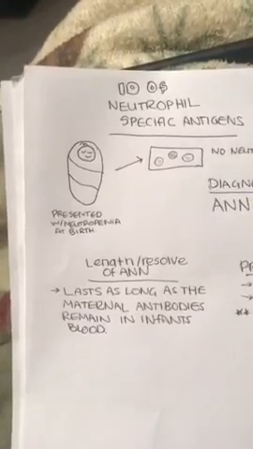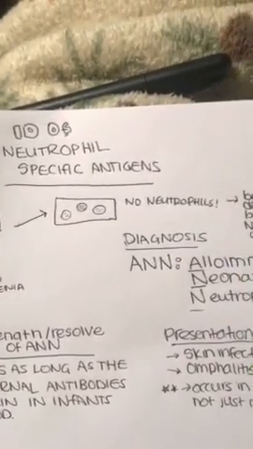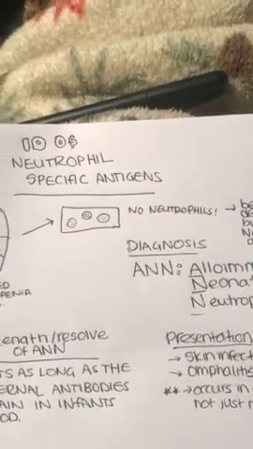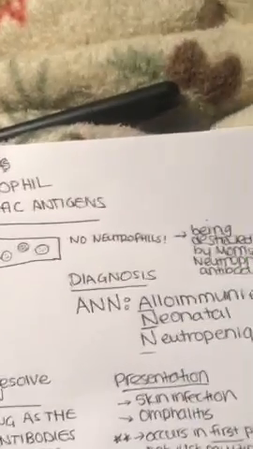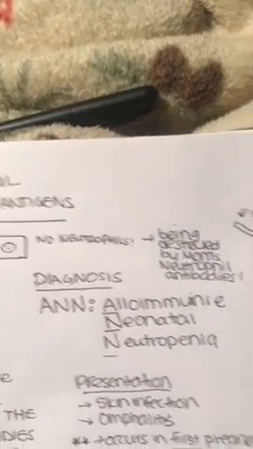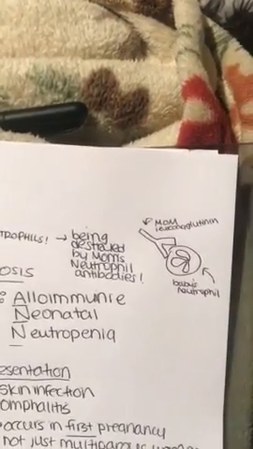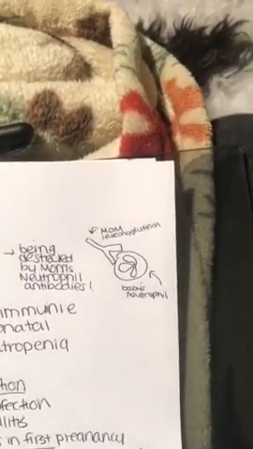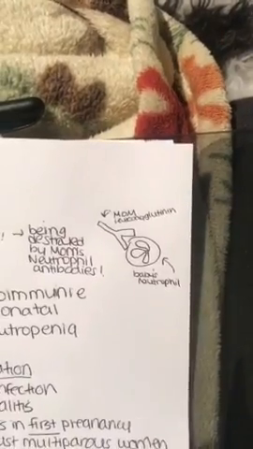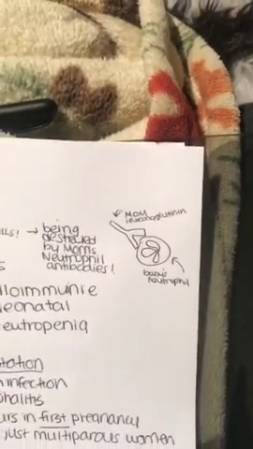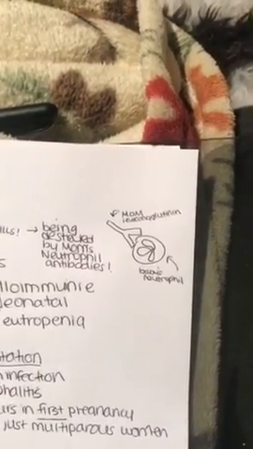When they looked at the slides of these infants, they found no neutrophils. They soon discovered that these neutrophils were being destroyed by the mom's neutrophil antibodies that she had created against the baby.